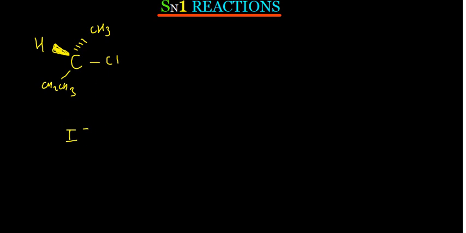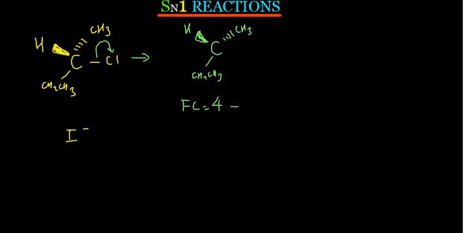Now this iodine as a nucleophile, at the first stage will not be able to attack this. The first thing that happens is that the bond between the halogen and the carbon is going to be broken by itself, and the chlorine is going to take up those two electrons. So what we are going to have is a carbon bonded to the CH3, bonded again to the hydrogen, and bonded to the CH2CH3. What will be the charge of this one? For the formal charge, carbon is in group 4, so it has 4 electrons in the valence shell.